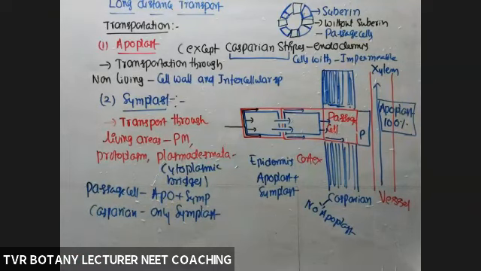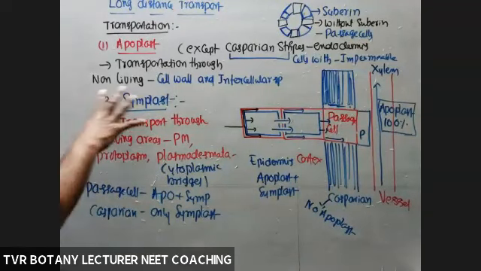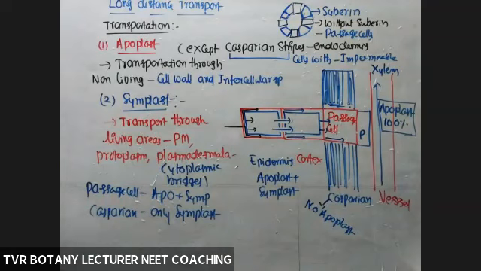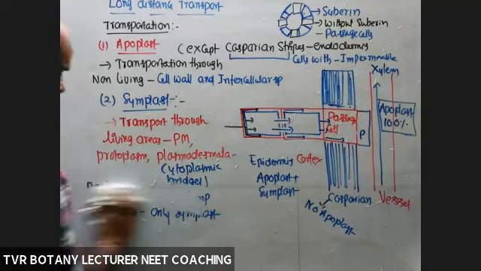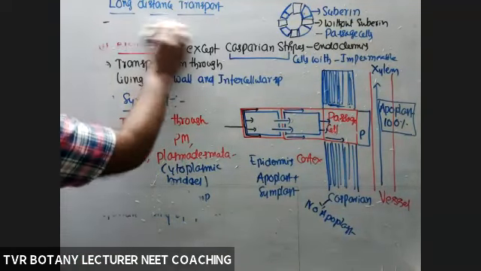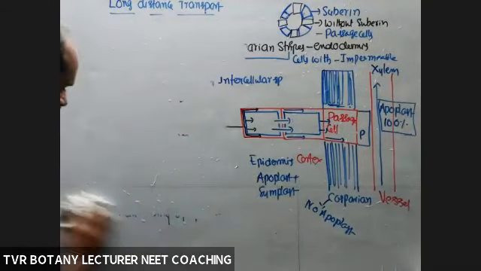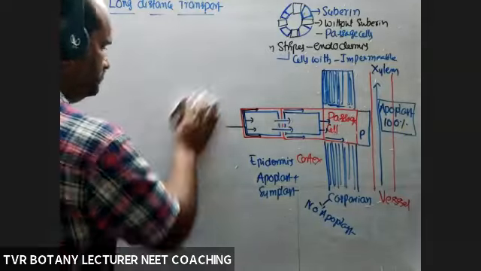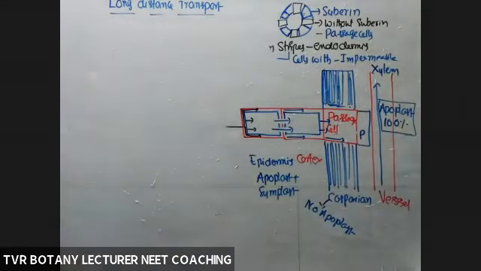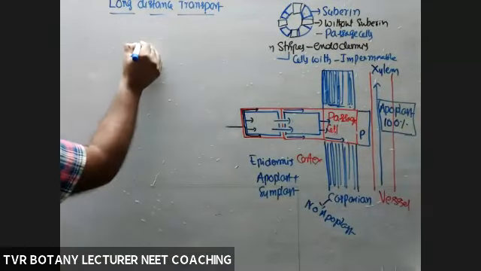Next one, what about a transverse section of a root? Now we have to compare the diagram with a transverse section here. Take a TS of root. For example, this is a transverse section of a root.